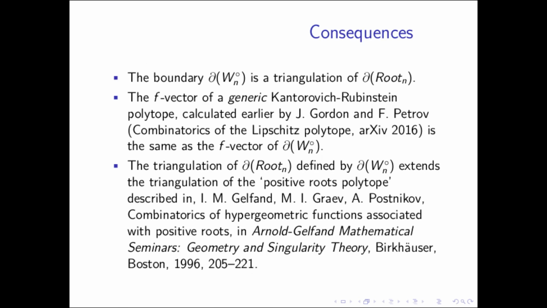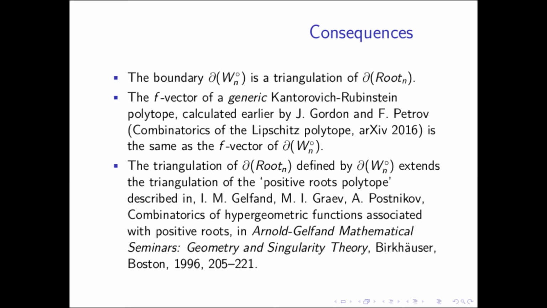We have a triangulation of this type. I'll explain why later. This way we obtain as a corollary a recent result of Gordon and Petrov, which we obtained independently but differently.